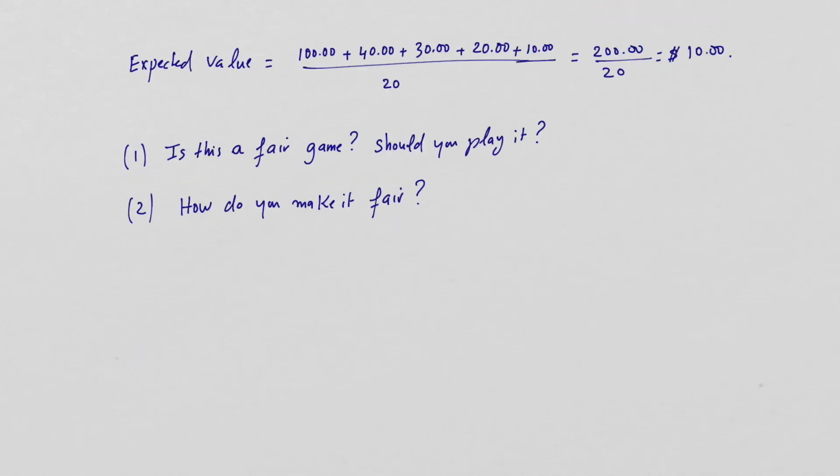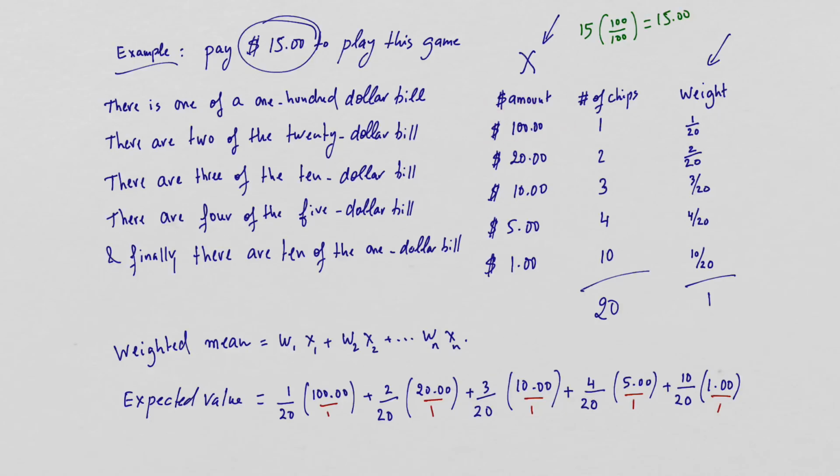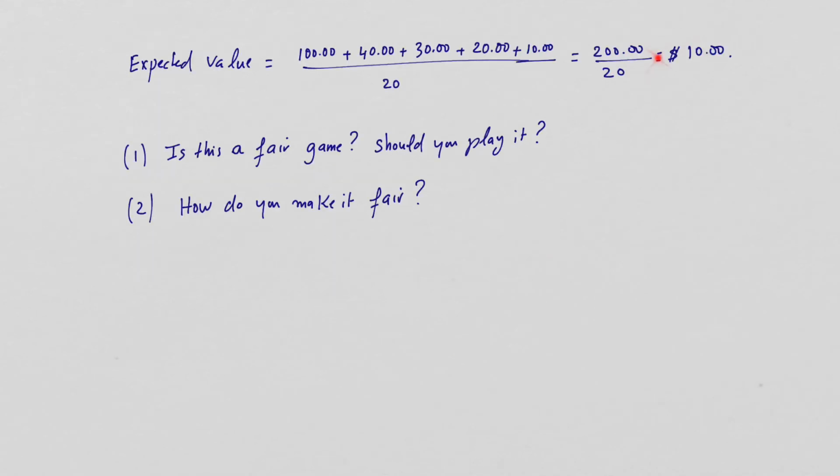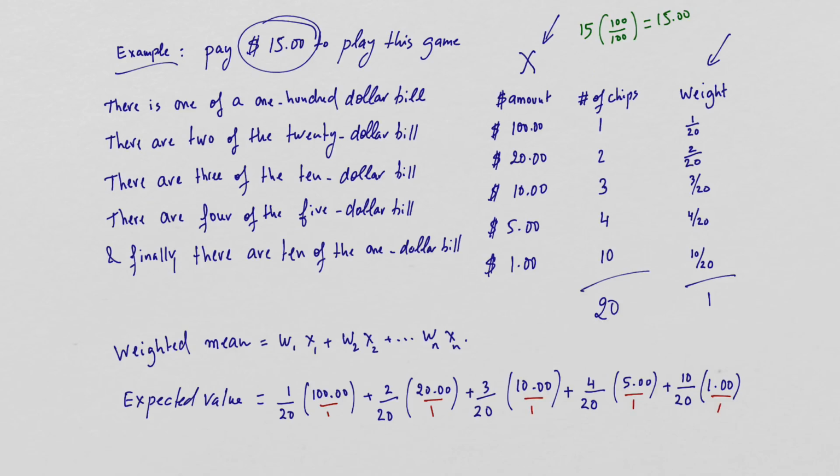I didn't say you are definitely winning $10. I said you are expected to win $10. You might be lucky and pull $100 or $20. You might be so unlucky and pull $1, but you're expected to win 10 by spending 15.